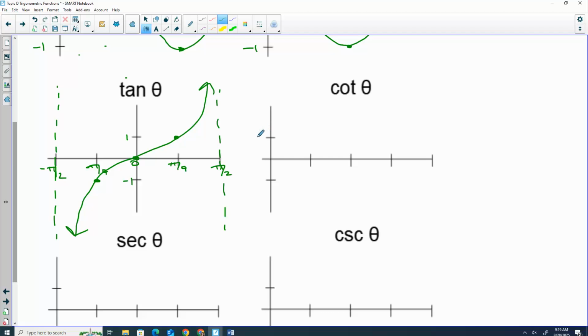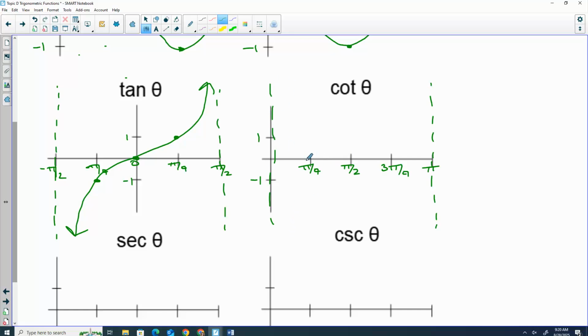Cotangent is similar. We picked this interval so that we would have our asymptotes on the end, and we went from 0 to pi. So this was pi over 4, pi over 2, 3 pi over 4, and pi. Asymptote beginning and end. Okay. So asymptotes, because it was undefined there.